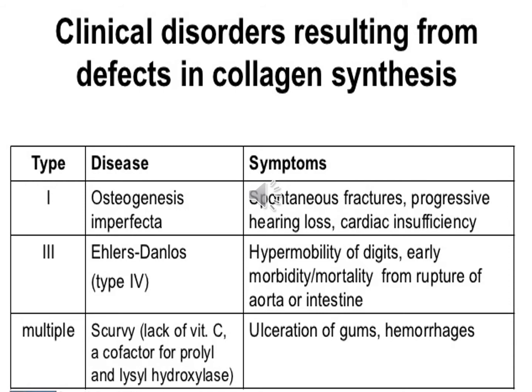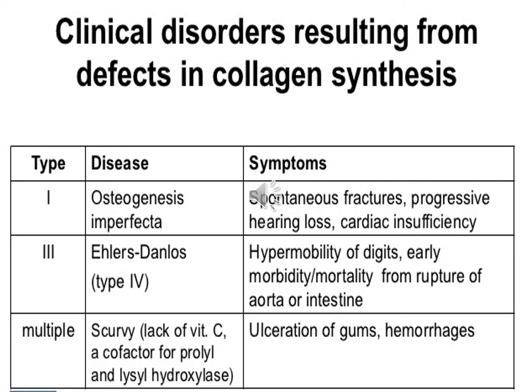Defects in the synthesis of collagen type 3 can result in Ehlers-Danlos disease type 4. It results in hypermobility of digits. The digits are very mobile, and it can result in mortality, death by rupture of the aorta, because the aorta is hyperextensible. It can extend and then rupture, so it can result in rupture of the aorta as well, the major vessel.